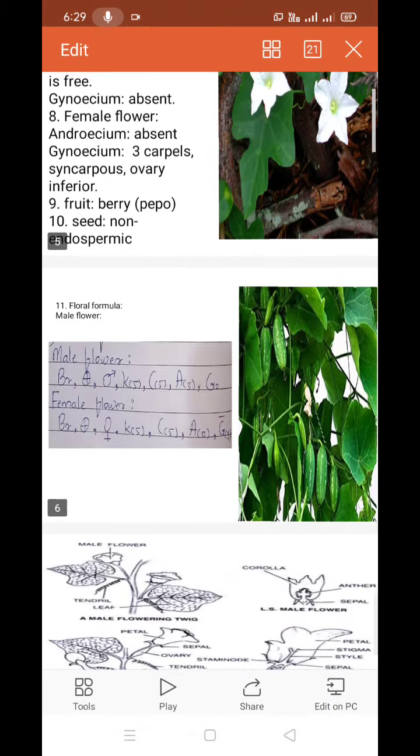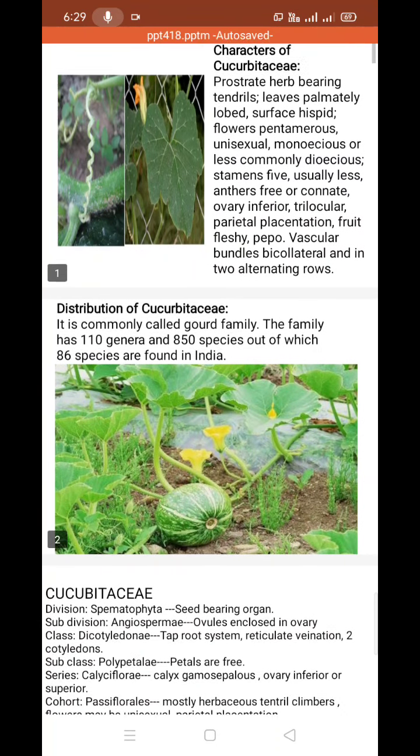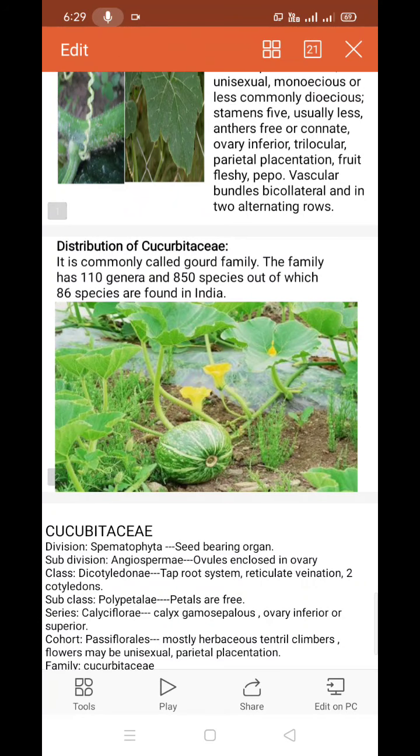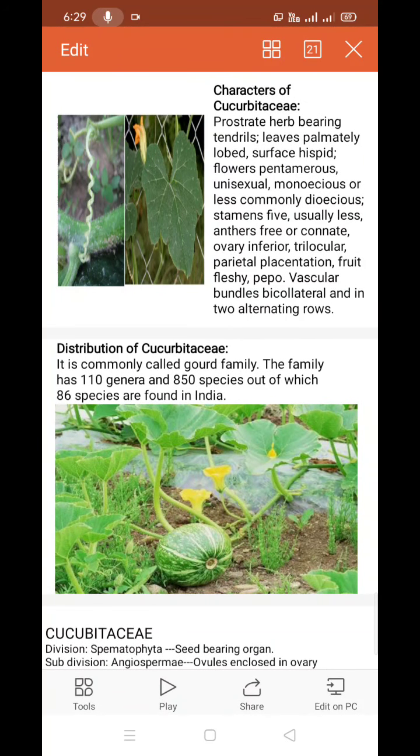So this is all about the Cucurbitaceae family. Lastly, I conclude this family. First, I will discuss the characters of Cucurbitaceae, some identifying characters of the family.